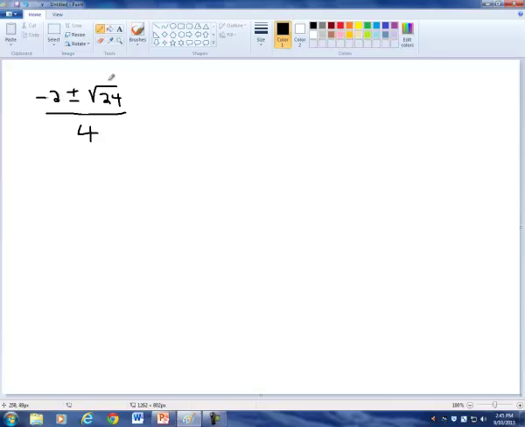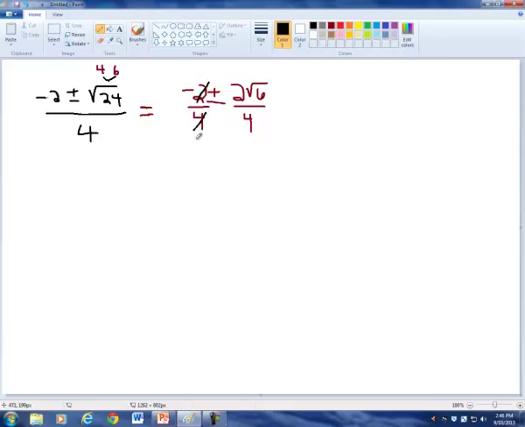Alright, well, we know that the square root of 24 is 4 times 6. I wrote factors of 24 up here. So that is going to be negative 4 plus or minus the square root of 4, which is 2, square root 6. At this point we split the denominator into 2 parts, and when we do that, now we can go ahead and cancel.